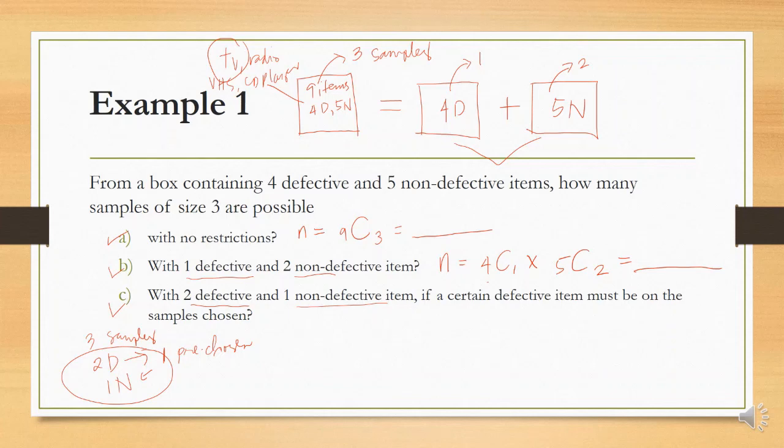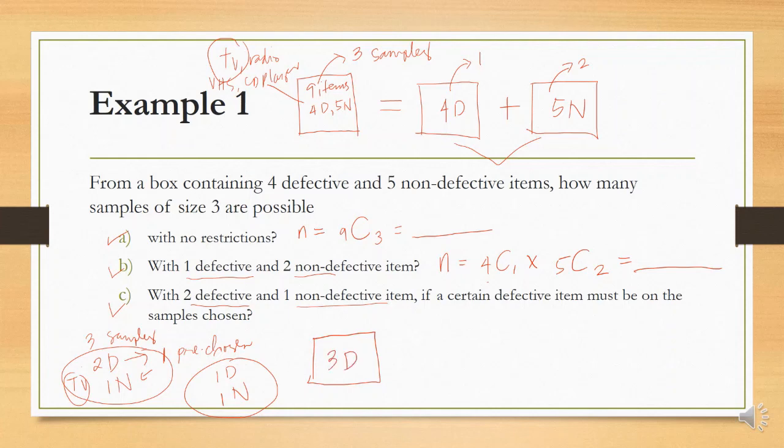Okay? So, ang hinahanap na lang natin ay actually, dahil alam na natin si TV nandyan sa samples, ang hinahanap na lang natin ay isang defective at isang non-defective na lang from our box. Yun nga lang, dahil yung isang defective item, halimbawa si TV, nilagay na natin siya dito, magiging 3 na lang yung defective items dito.